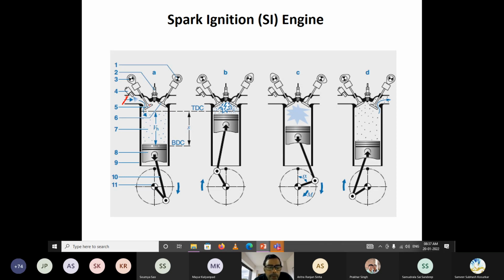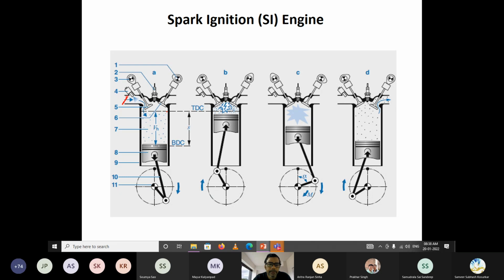But let me tell you here that the intake valve opens even before the start of the intake stroke. When the exhaust stroke is about to complete, at that time itself the intake valve opens. Why it opens, we will discuss in the valve timing diagram. Here just accept my statement that the intake valve opens slightly before the intake stroke.